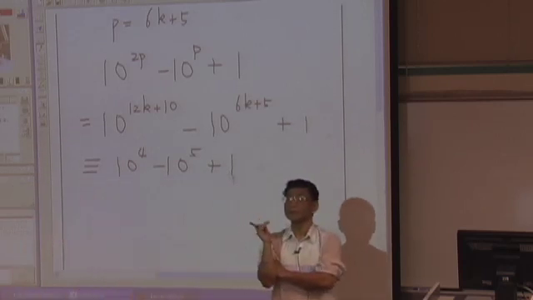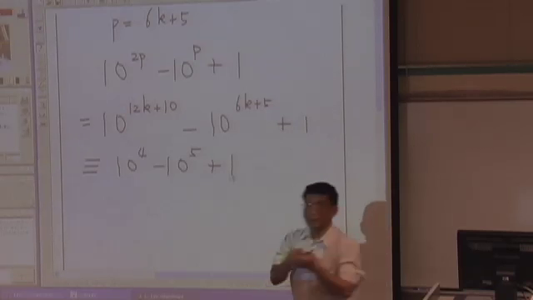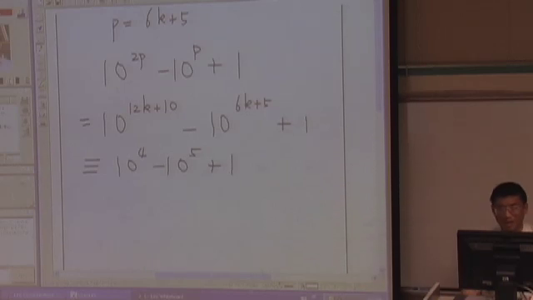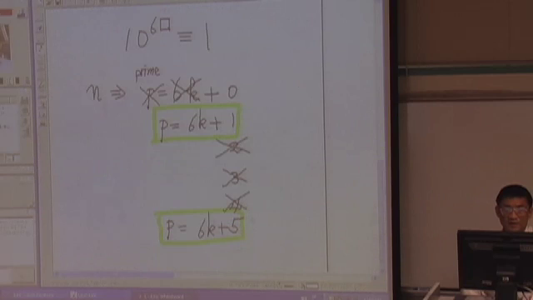How did we get the 6k, that P was equal to 6k plus some number? I use the division algorithm. We can divide any integer by 6. If you divide n by 6, then there is a quotient k, and there are 6 possible remainders.